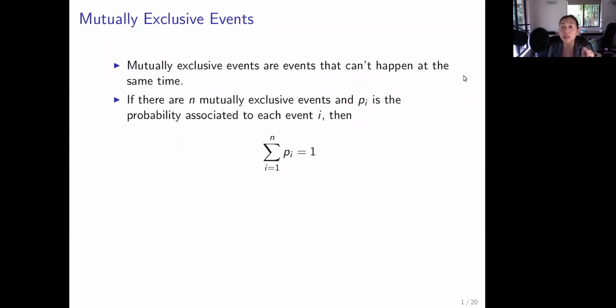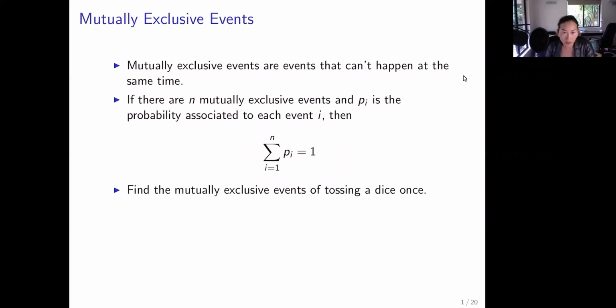Event 2 could happen with the probability P2, where event 1 and event 2 are mutually exclusive. And then event 3 can happen with the probability P3, right? So when we sum all the probabilities of each mutually exclusive event together, it must sum up to 1. That's very simple, it just makes sense, right?